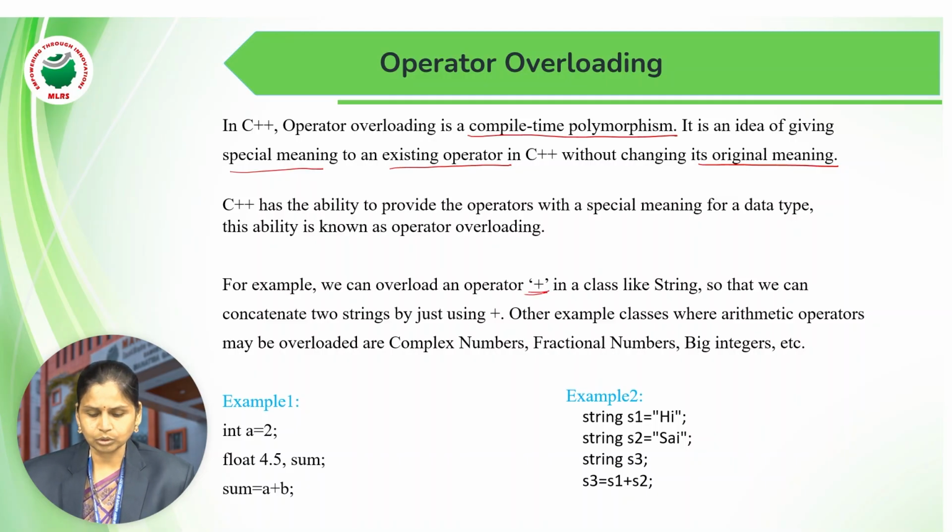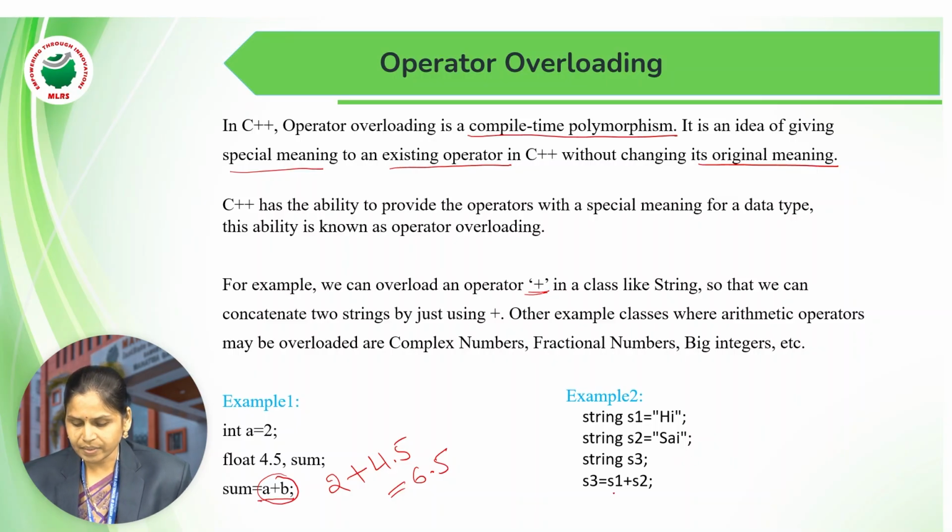Here I have two examples. In the first example, int a equal to 2, float b equal to 4.5, comma sum, and here sum equal to a plus b. Here we are performing the addition of a and b. The value of a is 2 plus the value of b is 4.5. So when we add these two numbers, we will get 6.5. In the second example, we are using the same plus operator between two string variables.